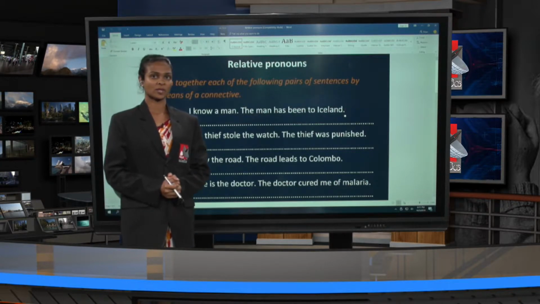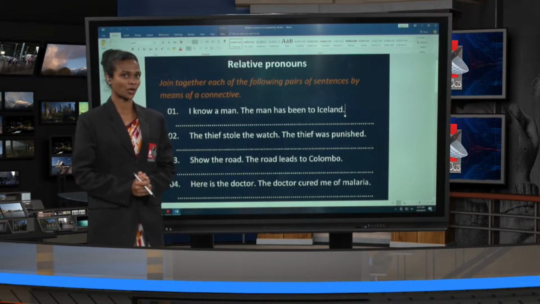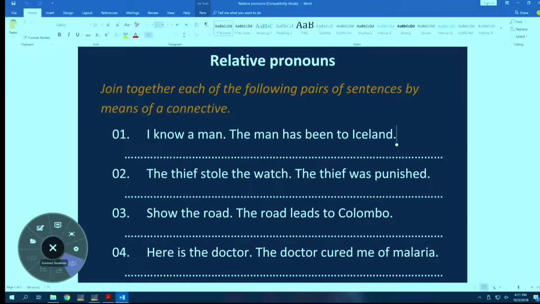Read this activity well. It is about relative pronouns. Join together each of the following pairs of sentences by means of a connective. You have to join these sentences using the relative pronouns to make one sentence. Join the two sentences so that one sentence is formed.